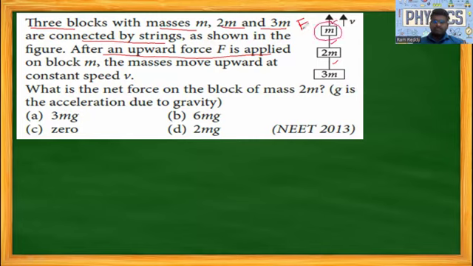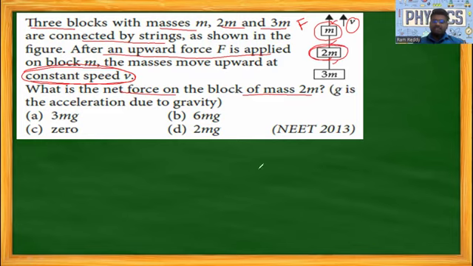The masses move upward at constant speed v. What is the net force on the block of mass 2m? And g is acceleration due to gravity.